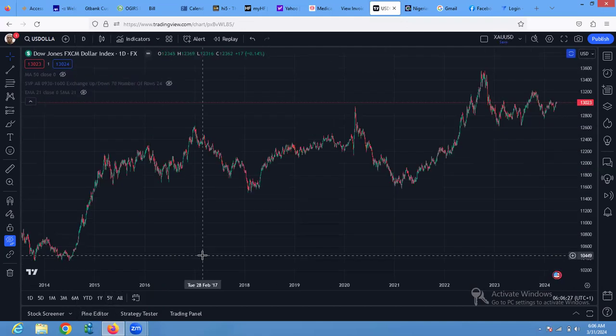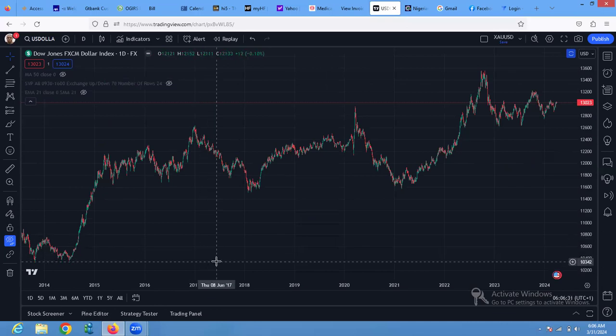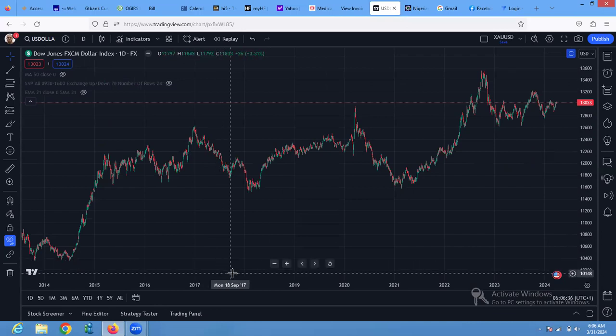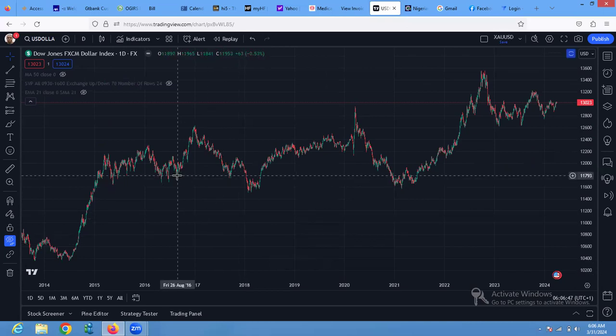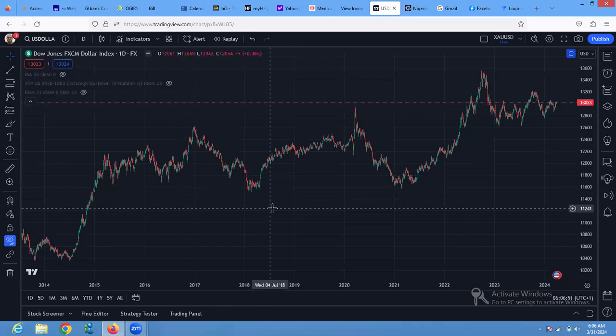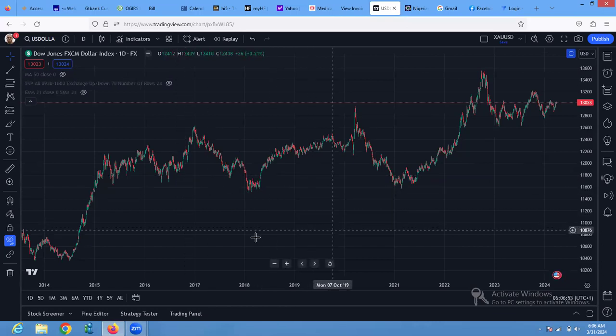Okay. Now, this is the daily on the US dollar index.